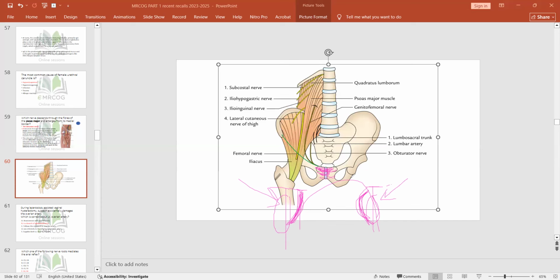If you want to choose from those. Ilioinguinal, excellent. And if I told you that it's not only on the pubic area, it's also there in the lower part of her abdomen, the iliohypogastric is also injured.